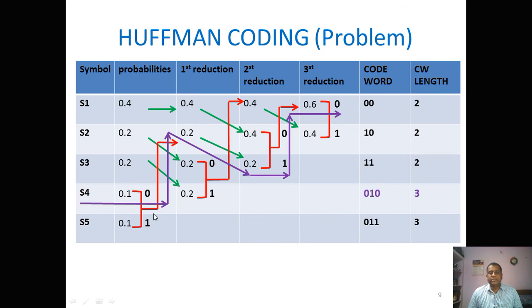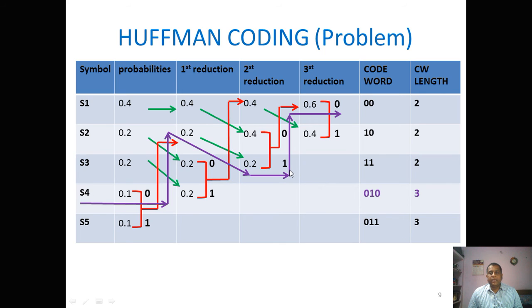These two values are summed up and it goes to the first reduction stage of 0.2. From there, the 0.2 is brought down in the second stage and assigned a logical 1, and this logical 1 is written over here in the code word.